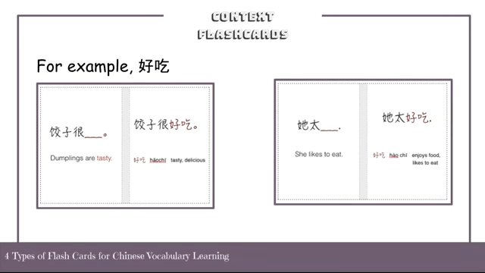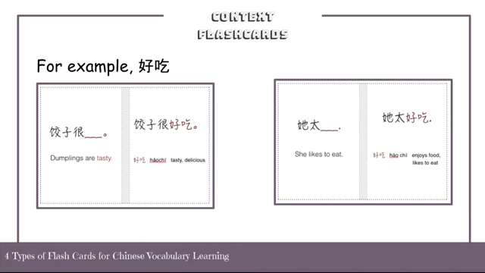So you need to think what word you should put in. On the back, I put 饺子很好吃. So 好吃, I have the pinyin and also its meaning. It means tasty and delicious.